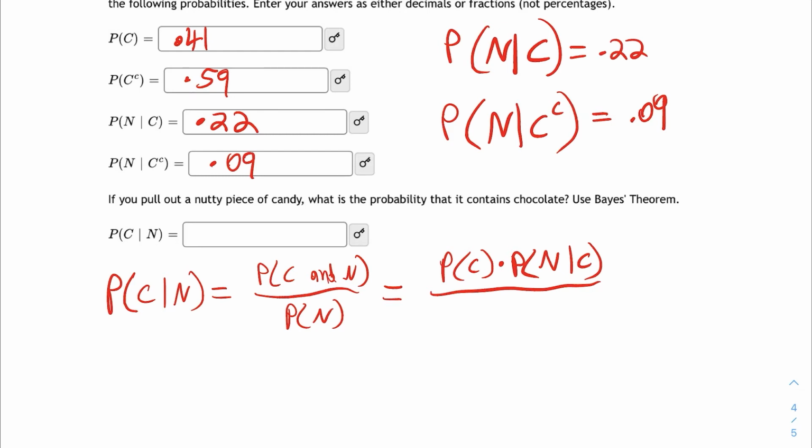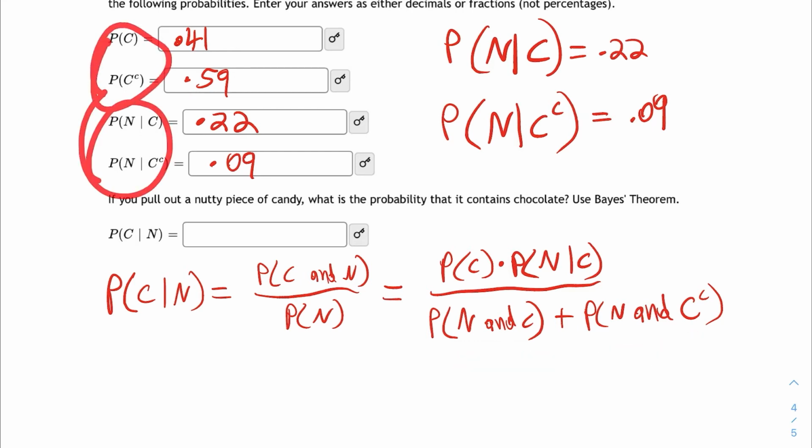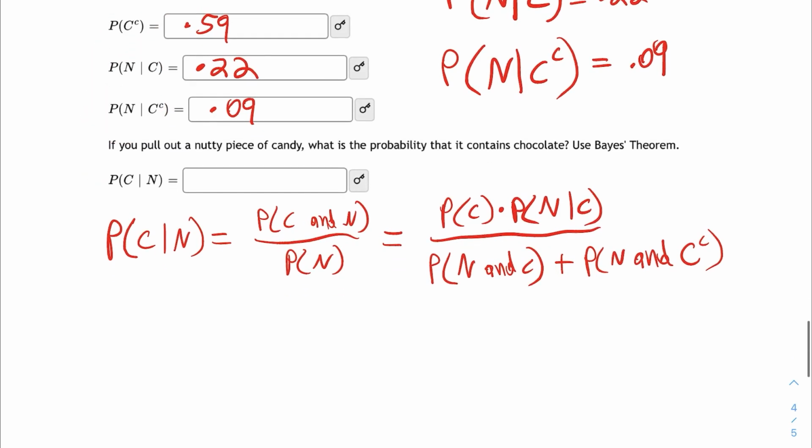And then I want the probability of N. What I'm going to use is the fact that the probability of N is the probability of N and C plus the probability of N and not C. The reason I'm changing it into a joint probability is because I have all these conditional probabilities and the respective probabilities of C and not C. So I should be able to find these joint probabilities by using the conditional probabilities and the marginals. So let's go ahead and try that out.